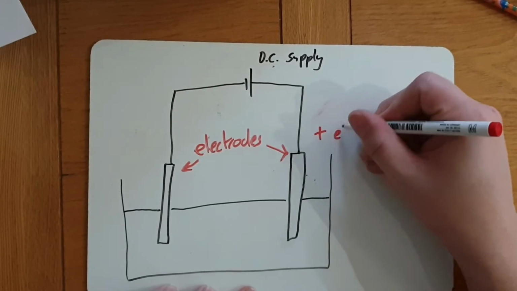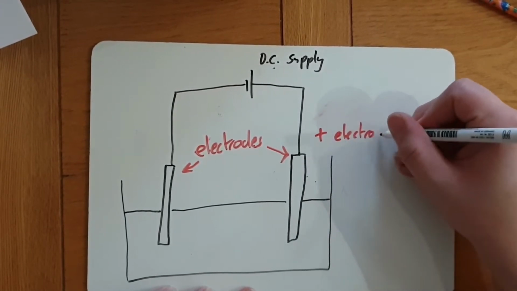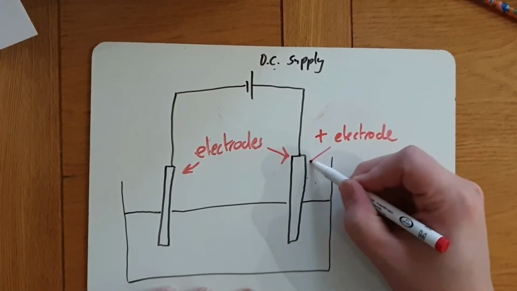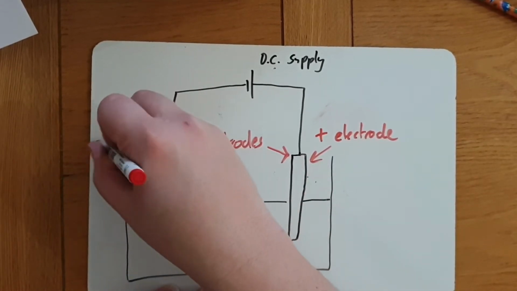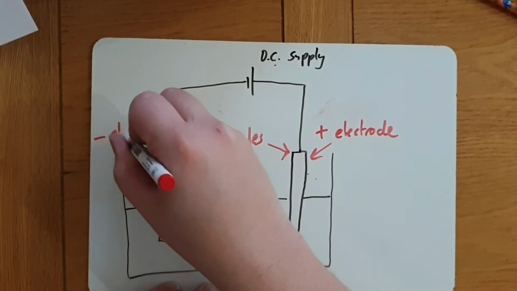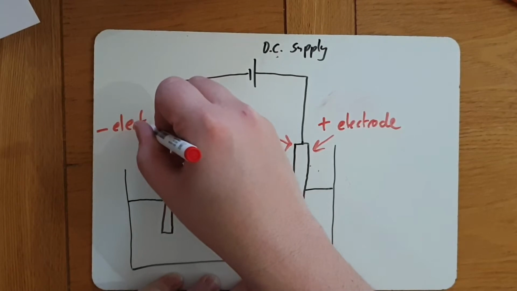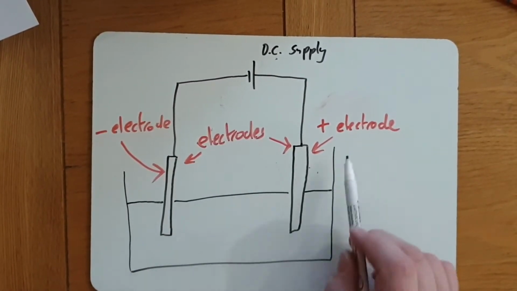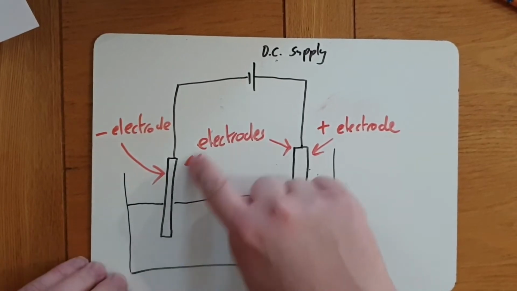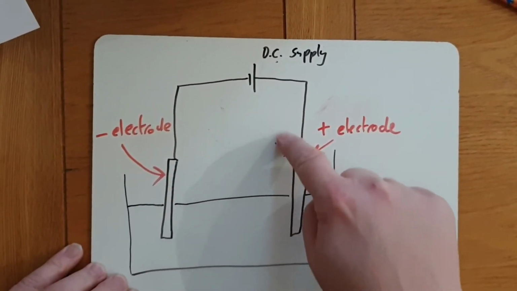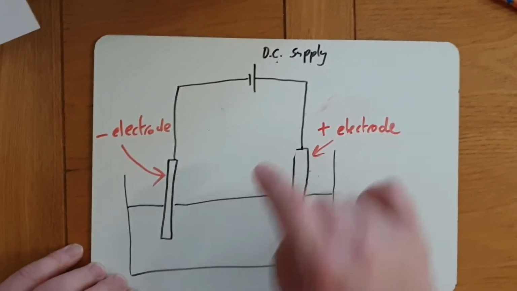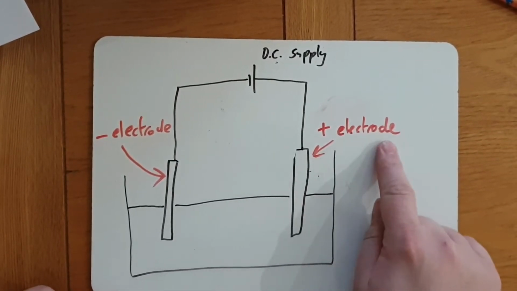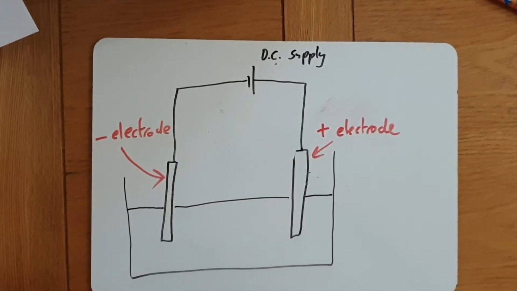So positive electrode, which means over here, this one is going to be the negative electrode. So we've got the positive electrode and negative electrode. I'm just going to erase that label before my diagram gets too confusing. So they're both electrodes. This one's a positive one, that one's a negative one.